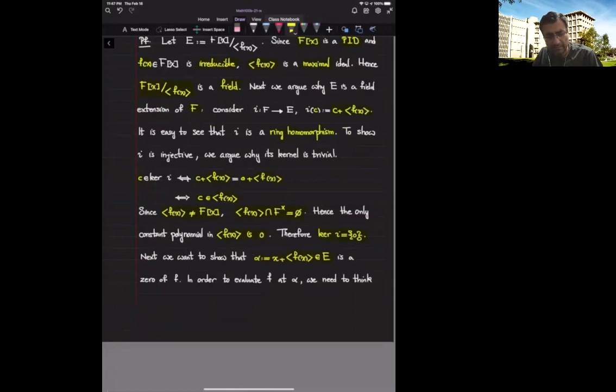But what does that mean, that it is a zero of f? This means we need to evaluate f at alpha.